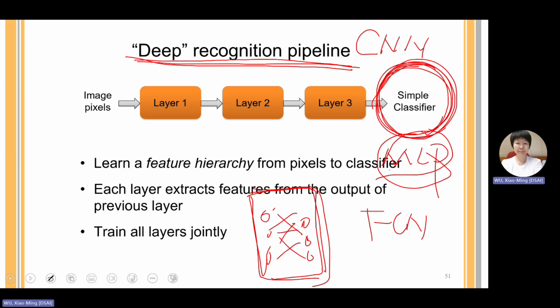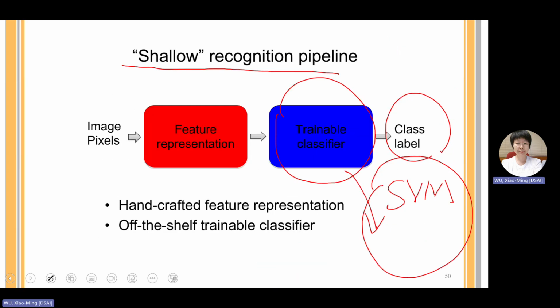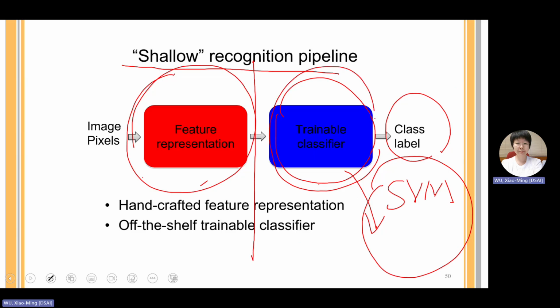What are their key differences? In the shallow recognition pipeline, the two steps are separated and independent. Usually we extract features, and then we use those features to train a classifier. The two stages have minimal interaction.